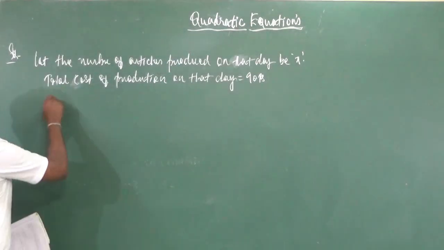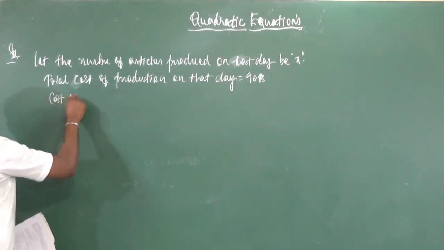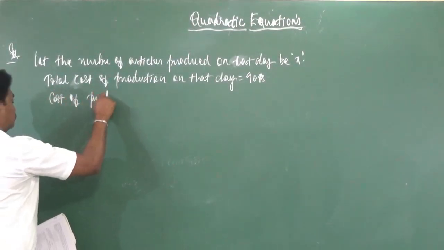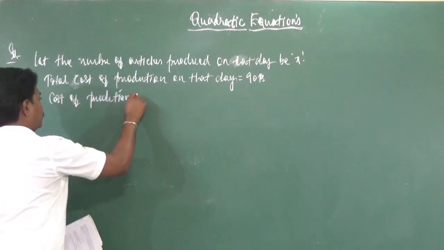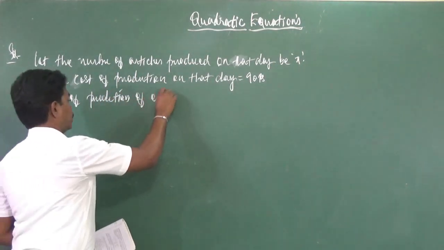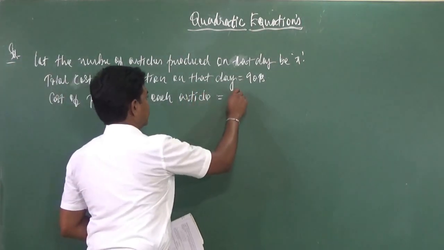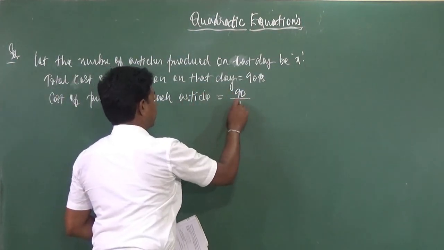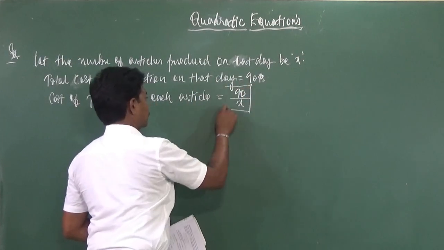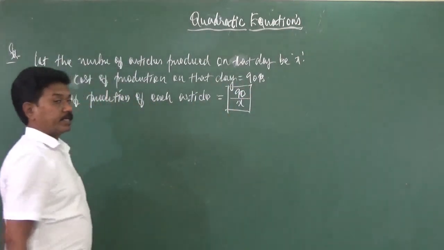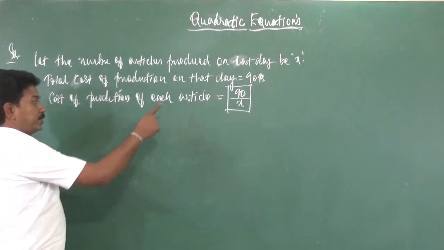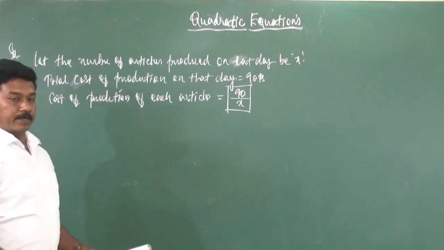So the cost of production of each article is 90 rupees divided by x. For one article, the cost of production is 90 divided by x.